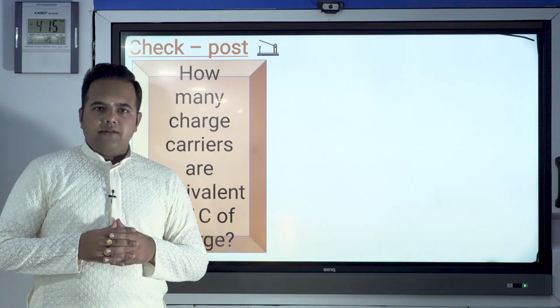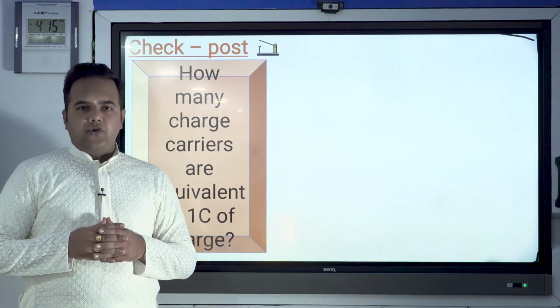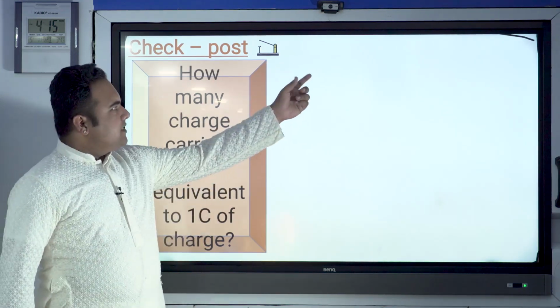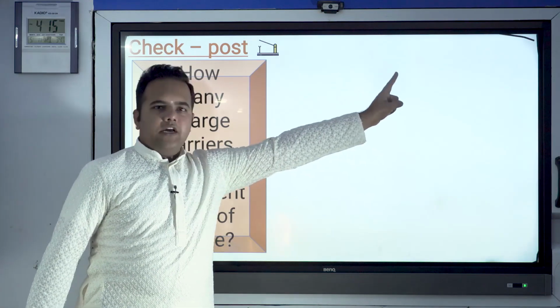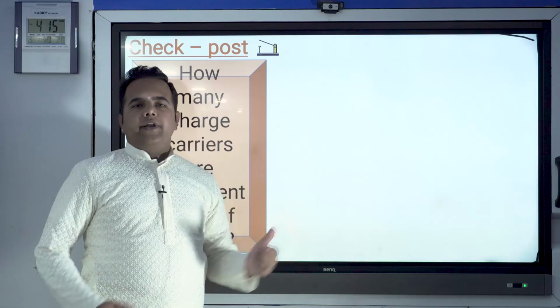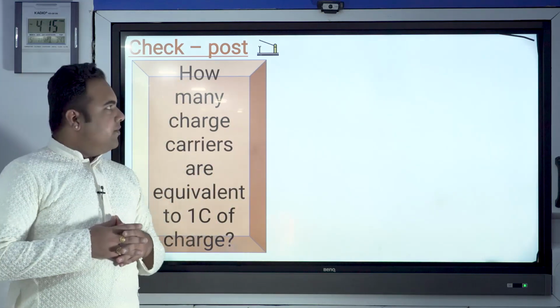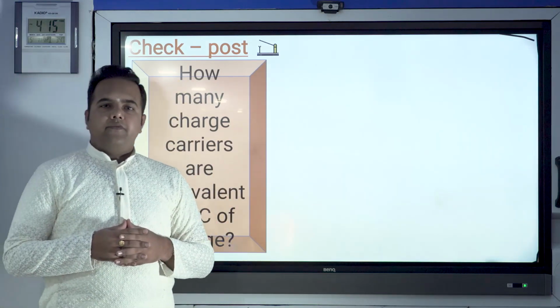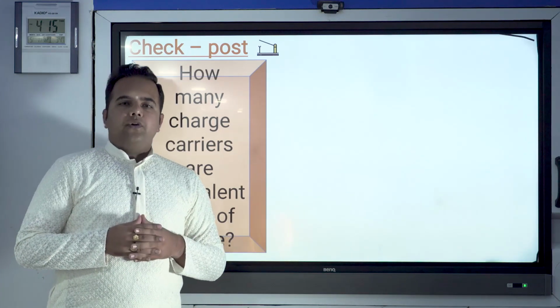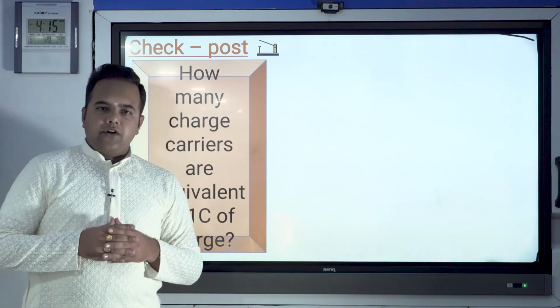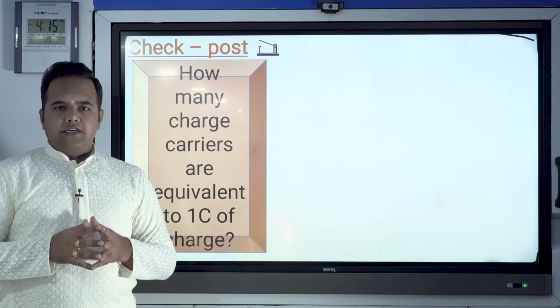The method is already discussed with you. 1.6 into 10 to the power of minus 19 coulombs is for 1 electron. 1 coulomb is for how many electrons? Using this basic unitary method in mathematics, we finally arrive at the conclusion that 6.25 into 10 to the power of 18 electrons are there in every coulomb of charge.